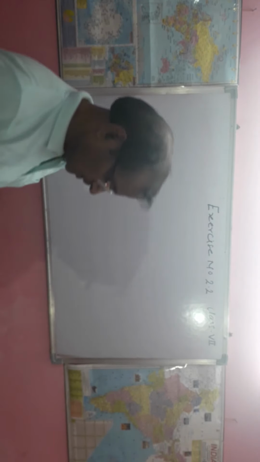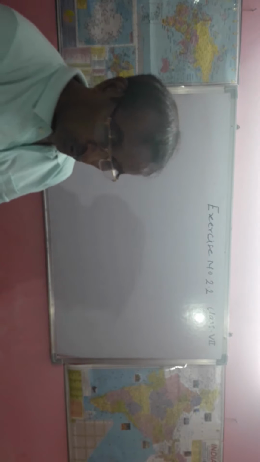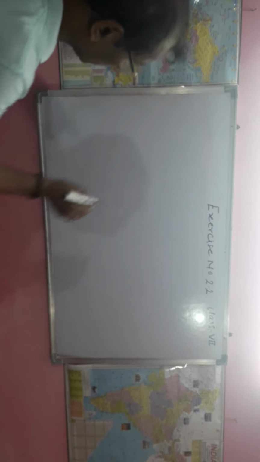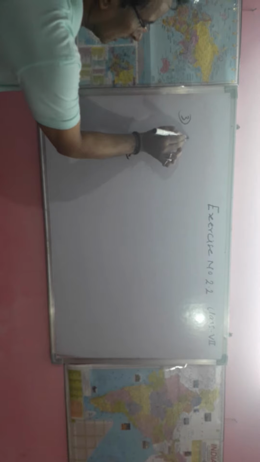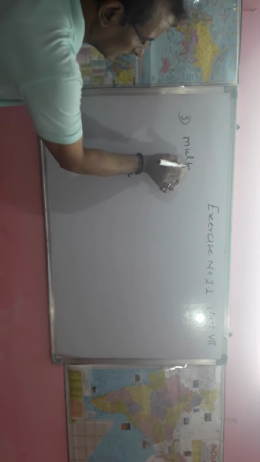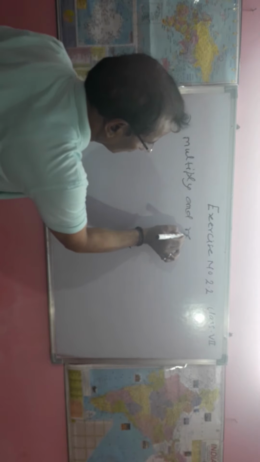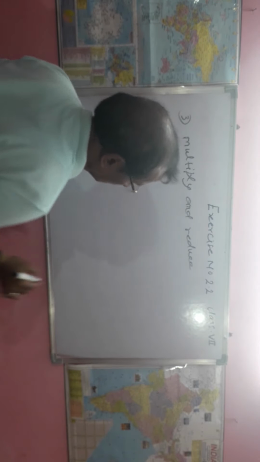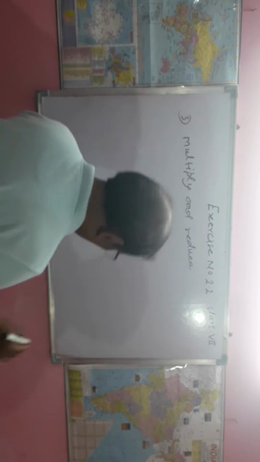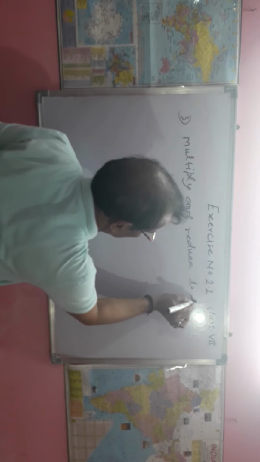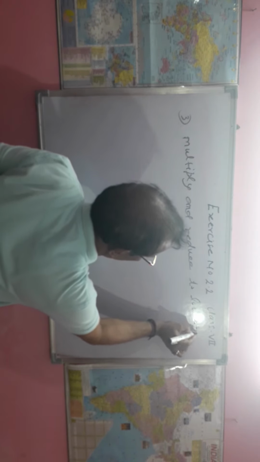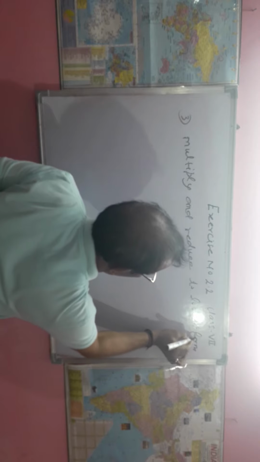Now we come to the third question: multiply and reduce to lowest form. Multiply and reduce to lowest form.